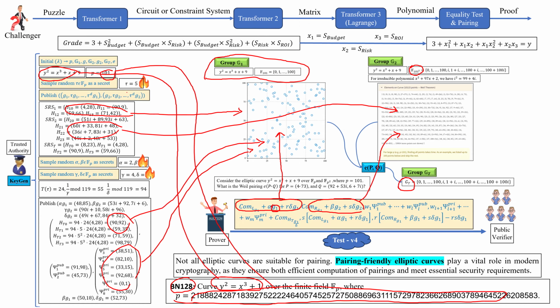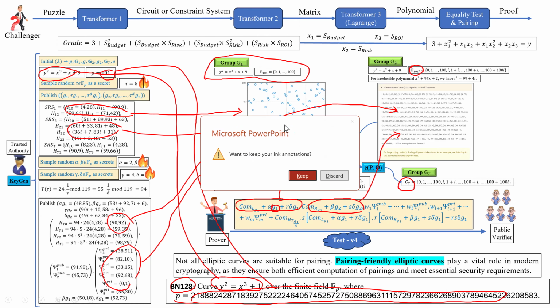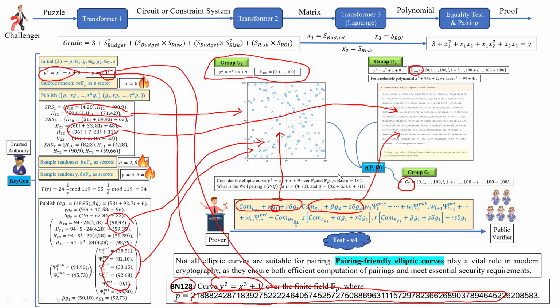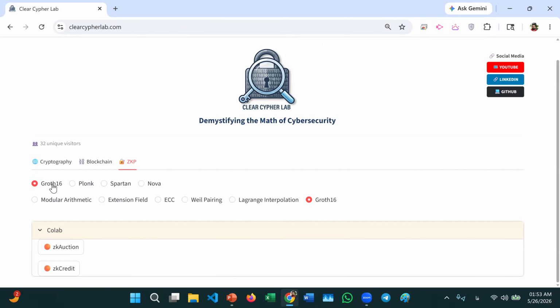So now we want to just overview a Python code that implements this scenario, but with a practical and standard elliptic curve. Okay, to do this, we switch to our website, and in the Groth16 tab, we have different options.